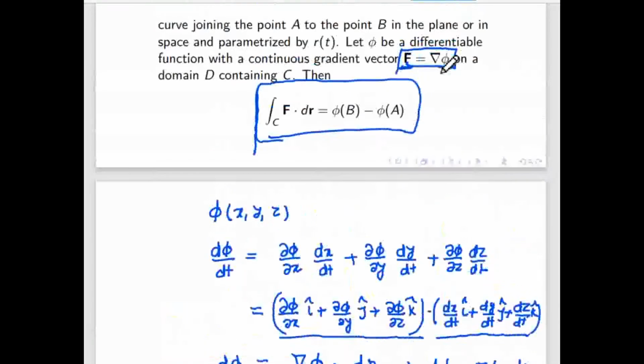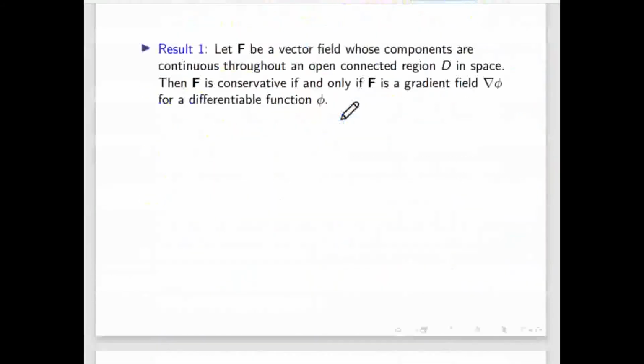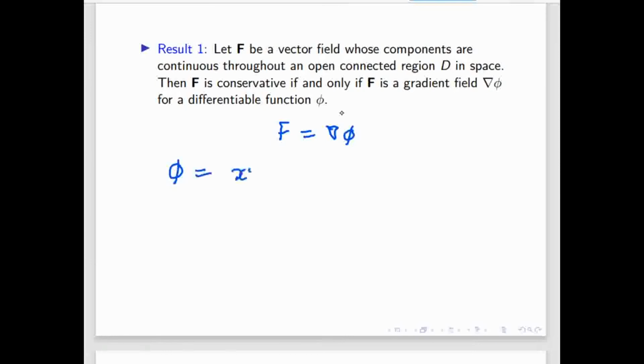That means if the field is given, it is kind of integration of this f, not actually integration, and once you know the integration, you can apply the limit. So I'm giving one example. Out of this f equals grad phi, suppose phi is given, can you find f or not? Suppose phi is given as xyz, then what is the value of f?